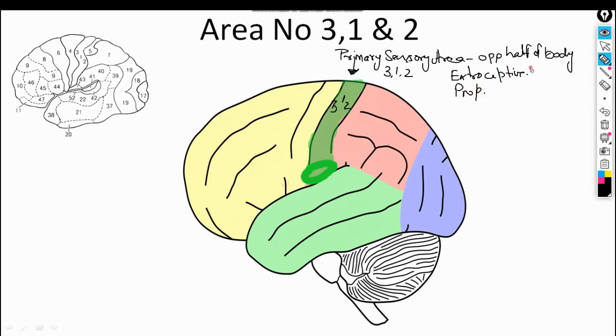So exteroceptive is for pain, temperature and touch, whereas proprioceptive is for vibration and joint sense. Clear? So this is the primary sensory area, and we can see the numbers, they are 3, 1 and 2.